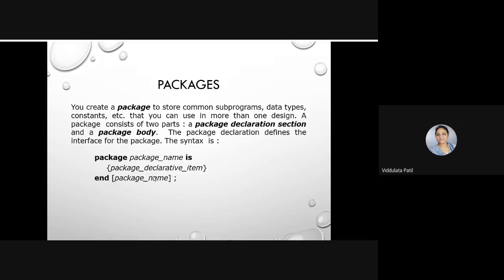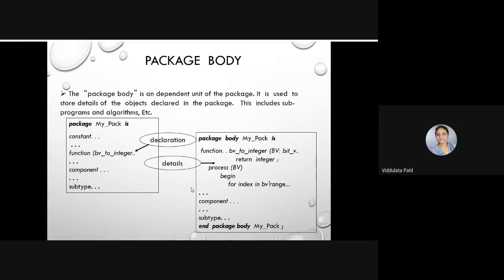The package declaration defines the interface of the package. The syntax is: package, then the package name, is, then package declarative items, and then end of that package. Then the package body is the dependent unit of this package. It is used to store details of the objects that are declared in the package.